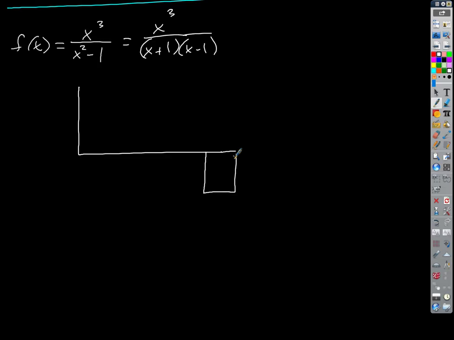Now, what goes where? Let's divide this one first. The x plus 1 is the denominator. What goes out front?